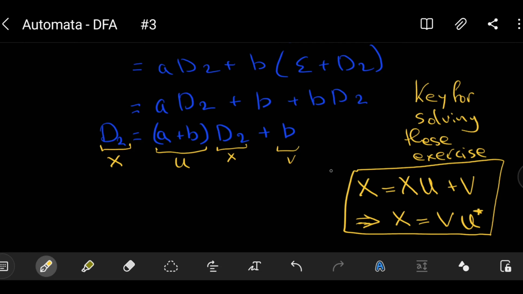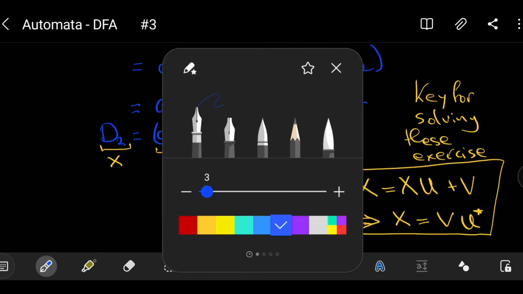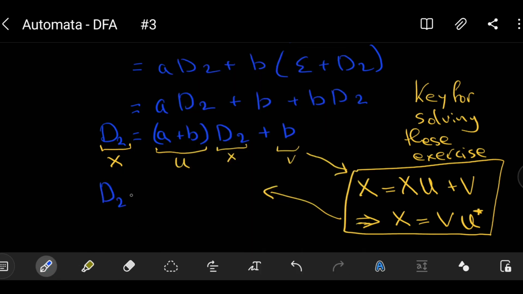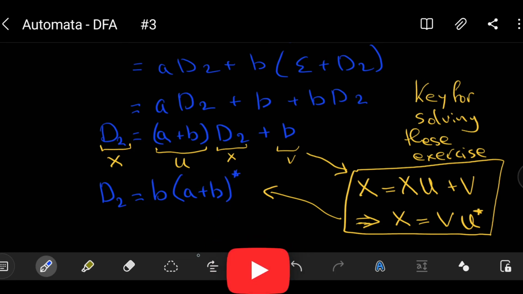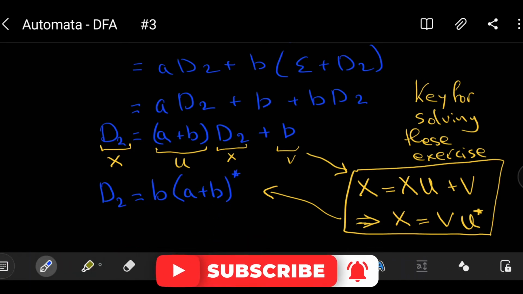So applying this rule will give me the following: D2 would equal v, which is b, multiplied with (a plus b) star. Okay, so this is the solution. I will put it here.